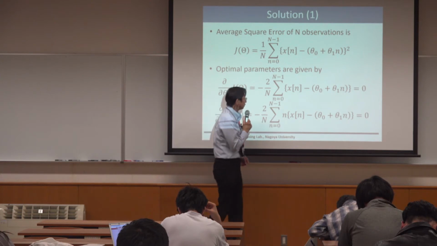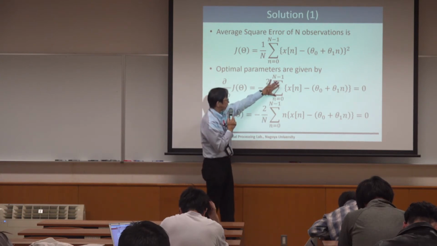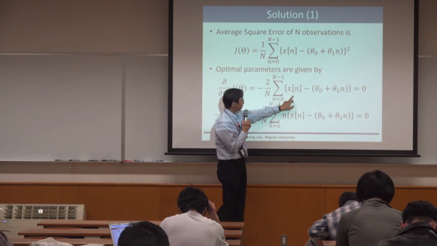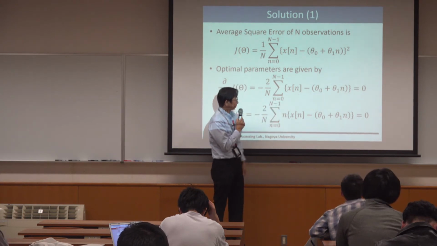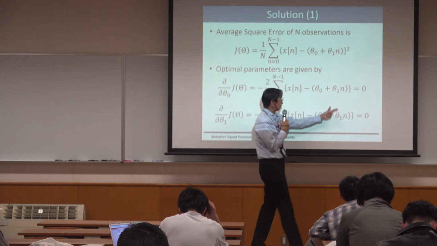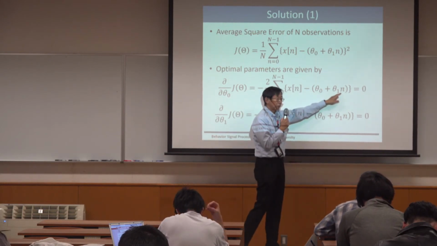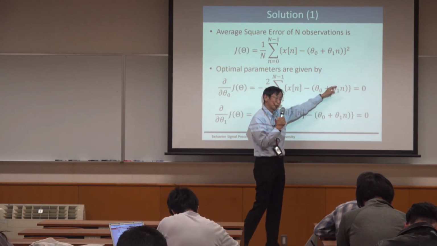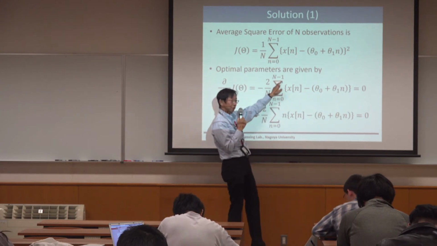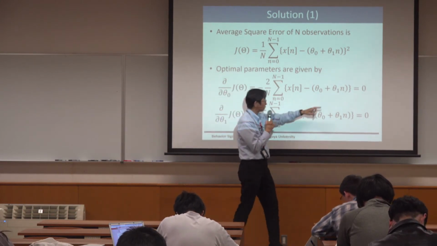We also need to be careful about this summation term. We have to calculate the sum of this, and the sum of this. Theta 1 times n, where n is equal to 1, 2, 3, 4, 5, 6, 7 until n minus 1. So you need to sum up all of them.